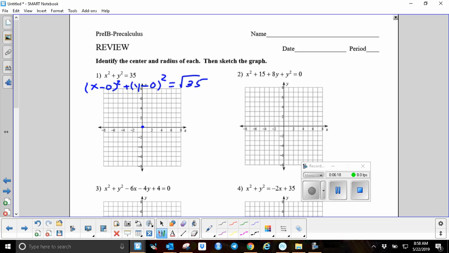Now somebody tell me in decimal, what's the square root of 35 on your calculators? So this says 5.8292. So roughly 6, right? So I'm going to put 6 right around here. This is your circle. Does that make sense?